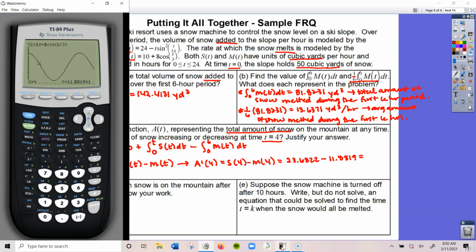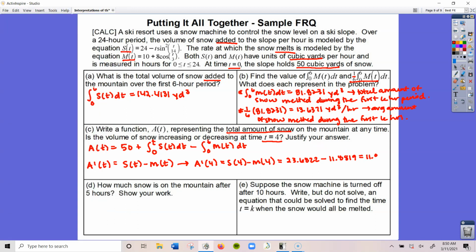Which now we subtract. So we have 23.6822 minus 11.8819, which is 11.8632. And this is a derivative, so this is cubic yards per hour.